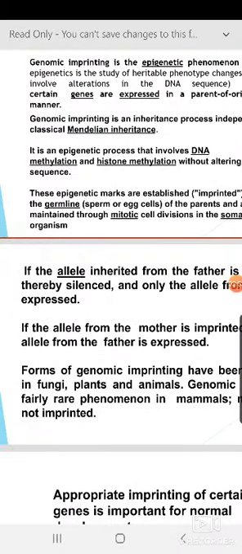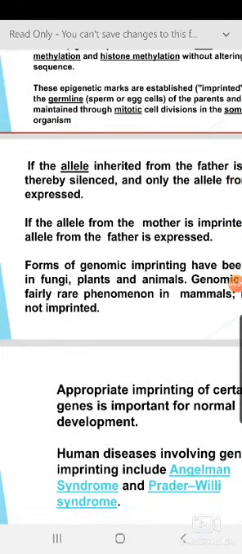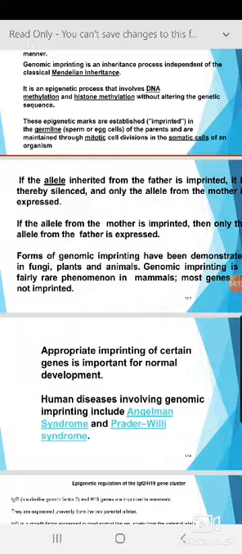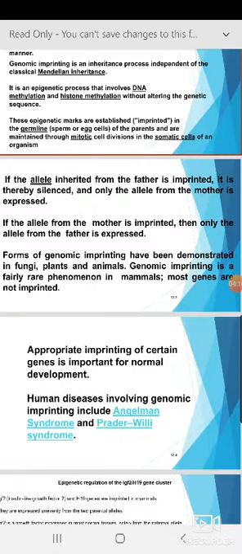That means when one allele is imprinted in one individual, his or her sperm or egg cells are also imprinted, and in the next generation also that allele will be imprinted. Now, if the allele inherited from the father is imprinted, it is thereby silenced. Imprinting here means it is somehow stopped, not functioning.